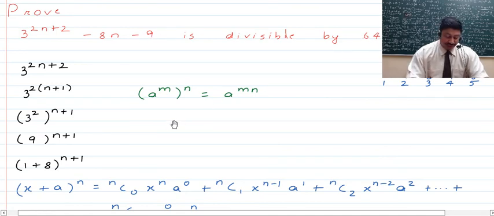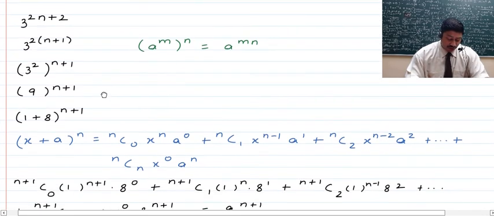So here what we do is first we pick up the first term of such an expression, that is 3 raised to the power 2n plus 2, and from that we try and bring 64 somehow. So this can be written as 3 raised to the power, taking 2 common from both of the terms of this binomial, 2 times n plus 1.